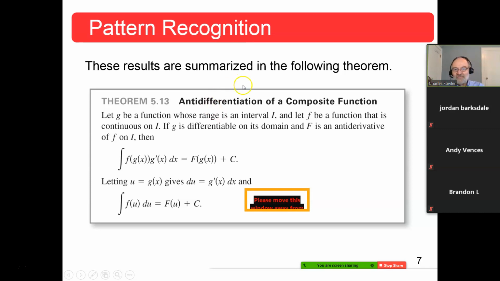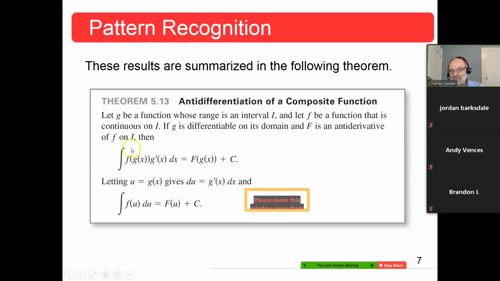If g is differentiable on its domain, and capital F is the antiderivative of little f on the interval I, which is the range of g, then the integral of f of g of x times g prime of x dx is simply capital F evaluated at g of x, plus c.